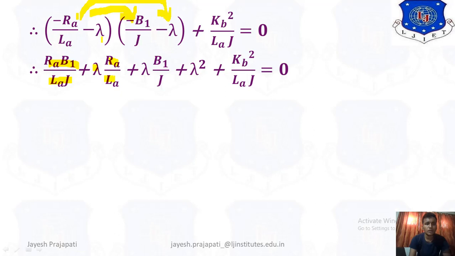Then we multiply lambda with the other term, so lambda into B1 by J, and lambda square, then Kb square by La into J, that is equal to 0.